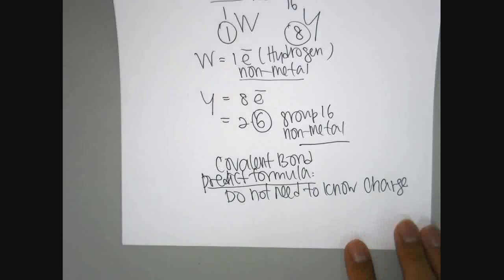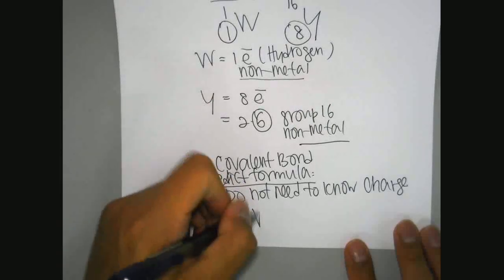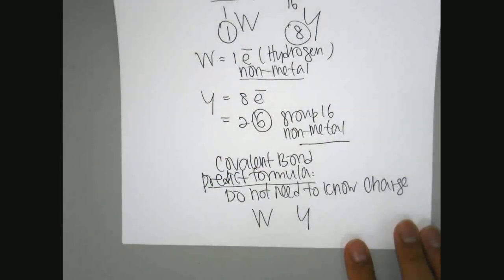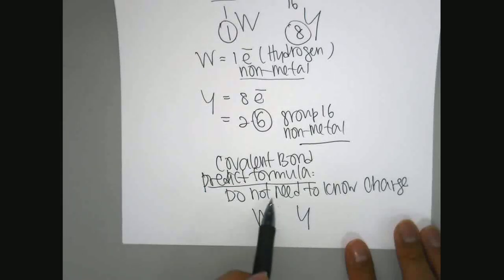So what we need, we write down the letter for the elements that want to combine, which is W and Y. So we have W and we have Y. Alright, on the top right corner, we write down the amount of electron that we need in order for it to be stable.